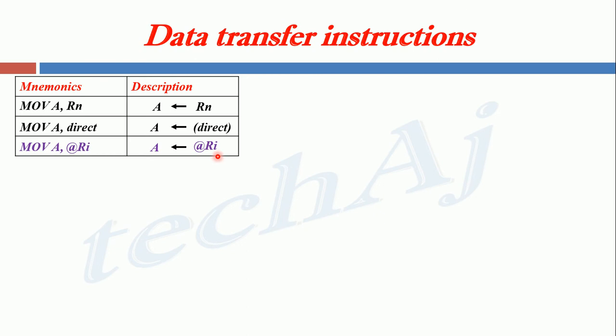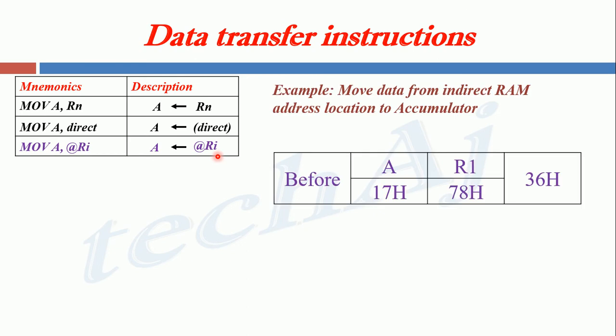Let us take the example of this. Suppose initially the accumulator is having the value 17H and register R1 is having the value 78H. Now if we take @R1, this value of R1 is considered as an address. So let us assume that address 78H is having the value 36H.